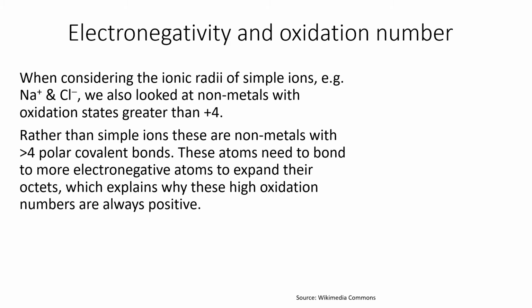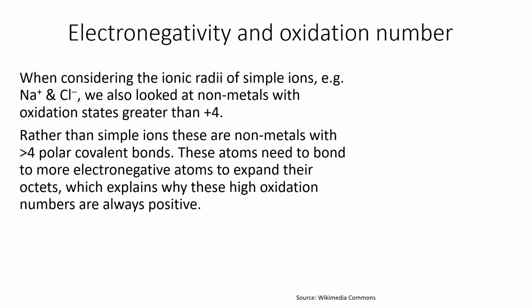And so it tends to be elements like oxygen and fluorine, the two most electronegative elements, that often drive nonmetals to form these very high oxidation numbers, and hence these very small ionic radii being quoted. They draw out these electrons into bonds, and these are polar covalent bonds, as I say.